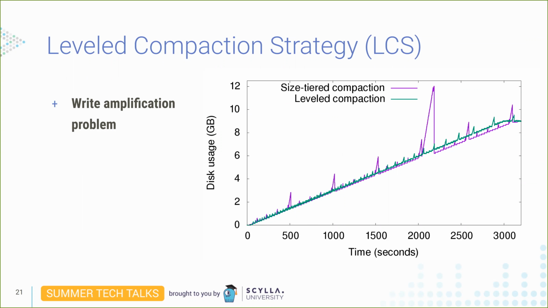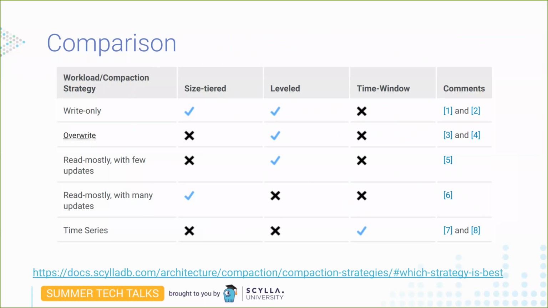So let's look at a comparison chart for different compaction strategies to understand when each one of them is used. Here you can see that each has its advantages. Size-tier and leveled work for write-only workloads, but one will take twice the disk space and the other will take twice the write operations.